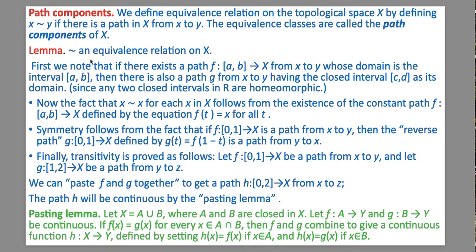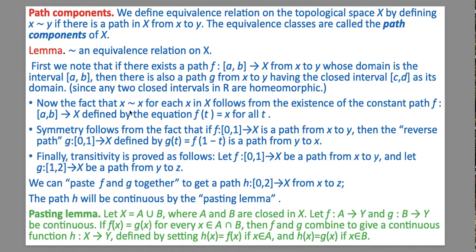To prove that this is an equivalence relation on X, first we notice that if there exists a path f from the closed interval [a, b] to X from x to y, then there is also a path g from x to y having [0, 1] as its domain, because two closed intervals in the set of real numbers are homeomorphic.